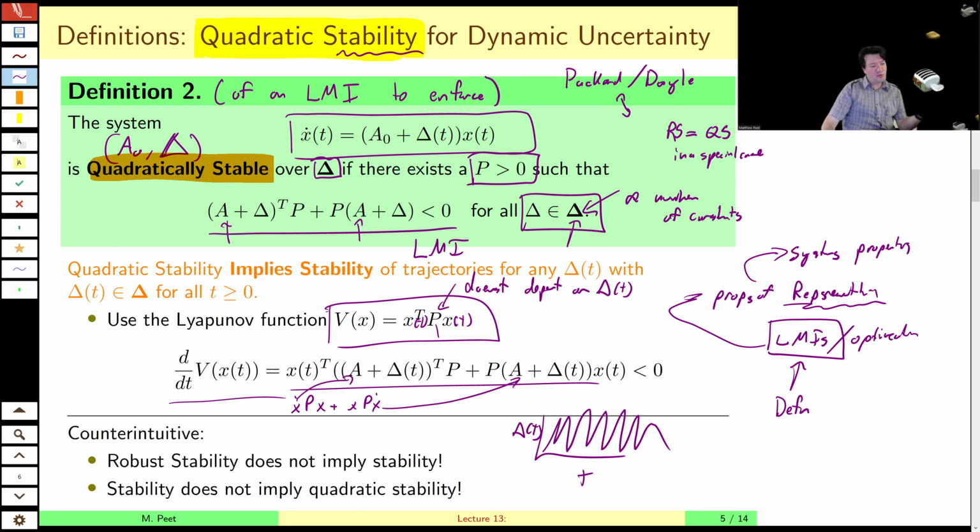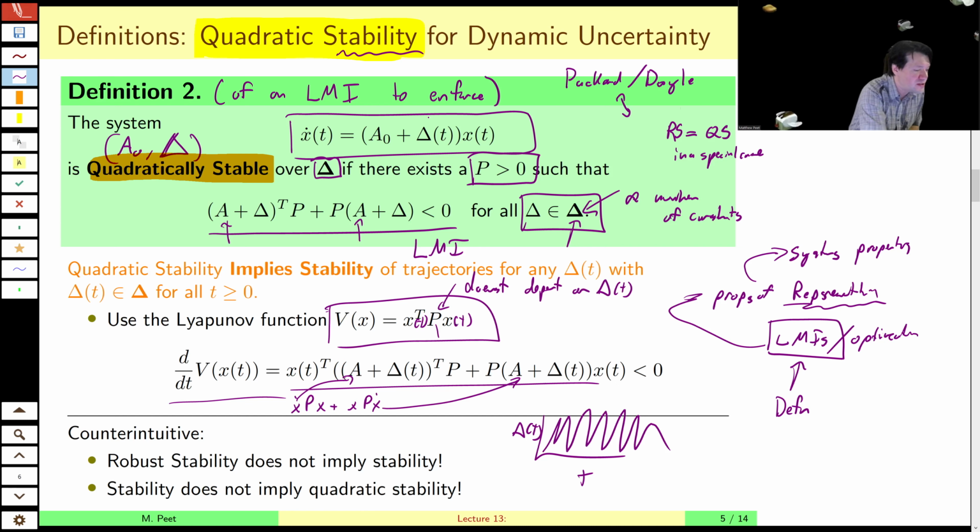Now, as we've learned, a given system has a unique Lyapunov function which proves stability of that system, right? There's a one-to-one relationship. Lyapunov functions are the one thing that you can use to represent the property of that system, being stability in this case. Now we're having one Lyapunov function which is working for all values of delta.